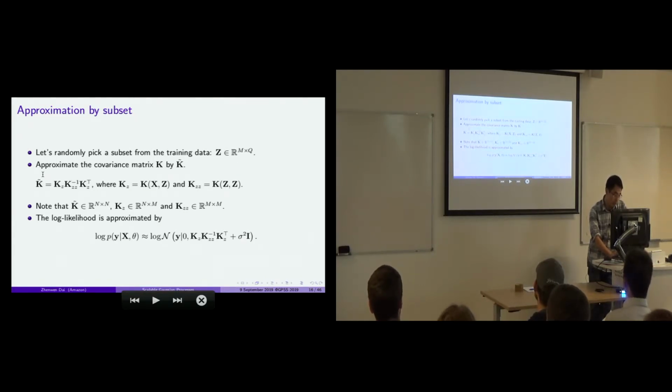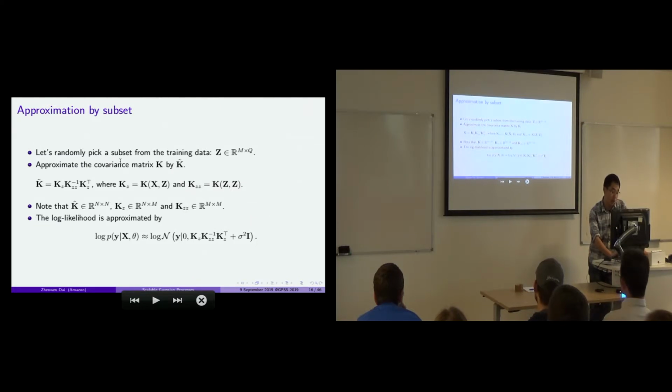This looks like an interesting structure, but one characteristic of it is this: imagine Z is the full set of X. If Z equals X, then KXZ becomes K. Both KXZ and KZZ become K, and then one K and K inverse cancel each other.